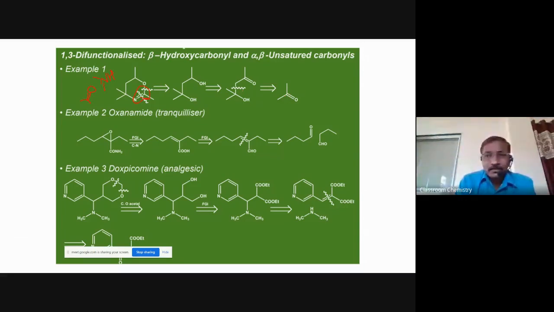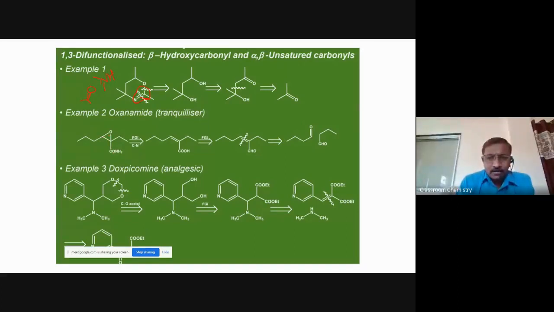Okay, so now you can see another example, that is a transcolizer. Here also we can get the same kind of thing. So if we try to disconnect such kind of functional group, then we have to disconnect over here, so we can get acetone. Okay, so we have to convert over here and then we can carry out the reaction. So if you see, this is a transcolizer, there is an epoxide and there is CONH2.